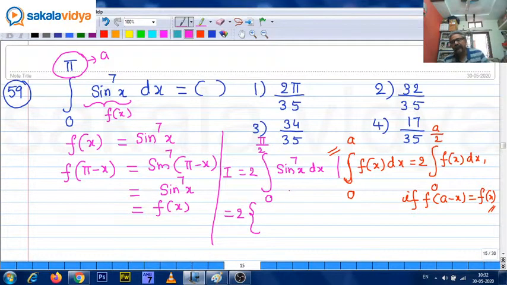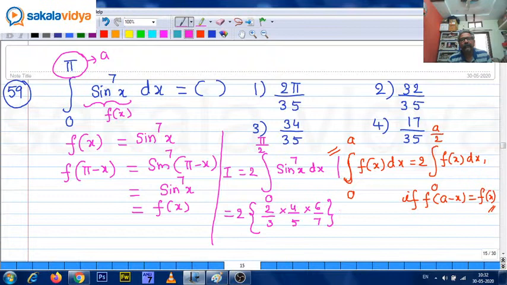How to find it? Whenever the power is odd, count from 2. If it is even, count from 1. So I am counting: 2, 3, 4, 5, 6, 7. Stop, because we need to count from 2 to 7 only.